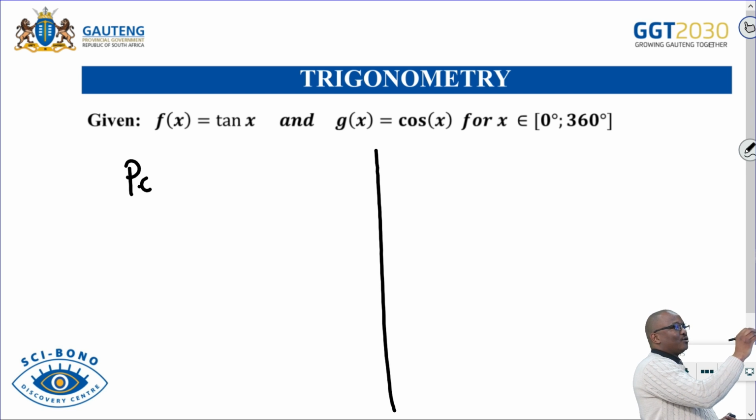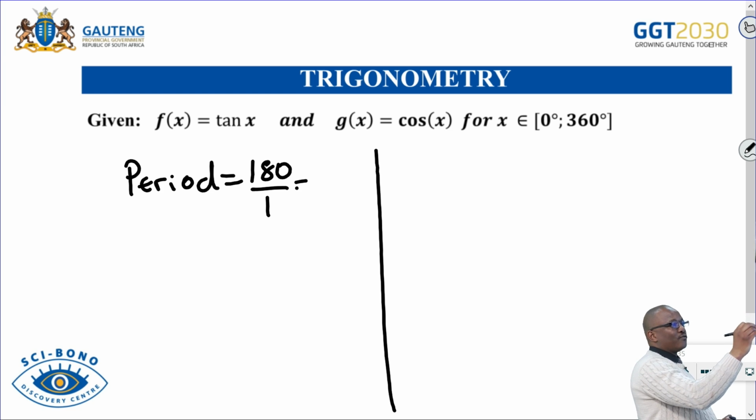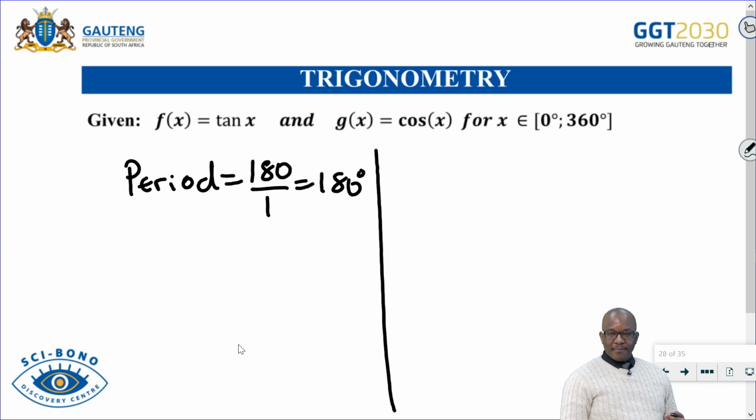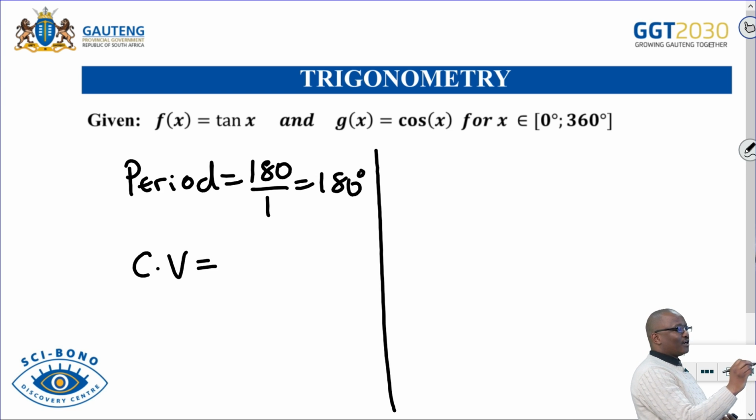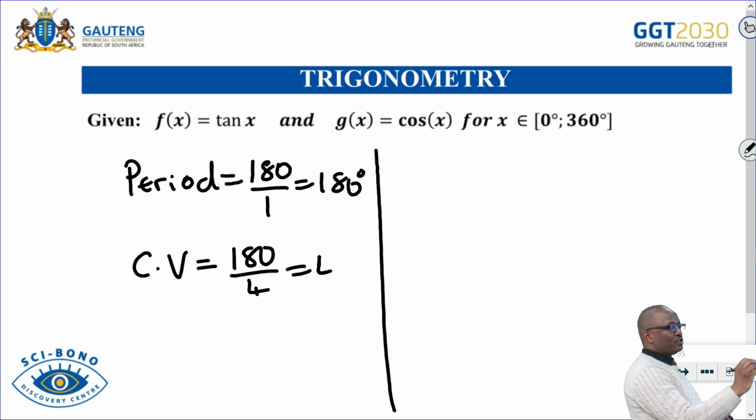So what we do here is apply the knowledge that you now have of getting the period for the tan graph. Remember, you divide by 1 because there is a ghost 1 in front of x. Then you know that your critical values are going to be 180 divided by 4, which is 45 degrees.